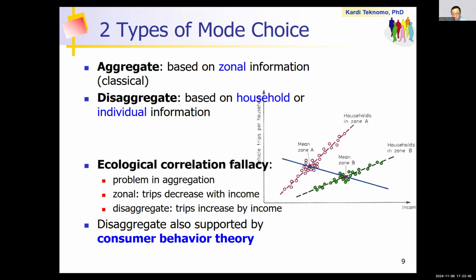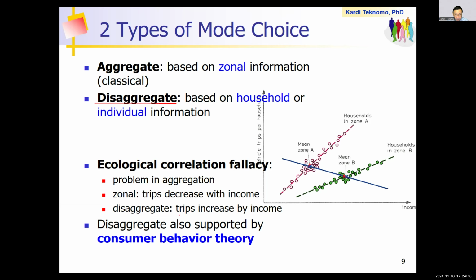But if you use only the mean, then you get a negative slope. A negative slope means the trips decrease with income, but in reality, trips should increase with income. So as much as possible, use the disaggregate method rather than the aggregate method. This is better.